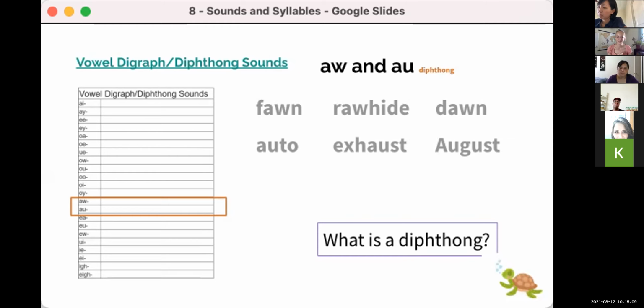All right, here are some example words to add to our sheet here. And we're going to do a lot of practice with reading other familiar and unfamiliar words with aw. We have fawn, rawhide, dawn, auto, exhaust, August.